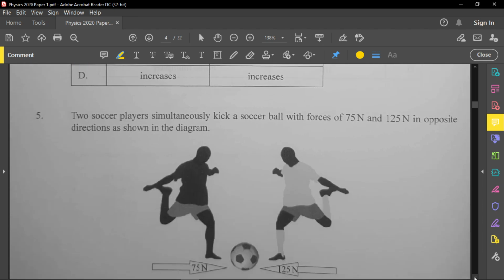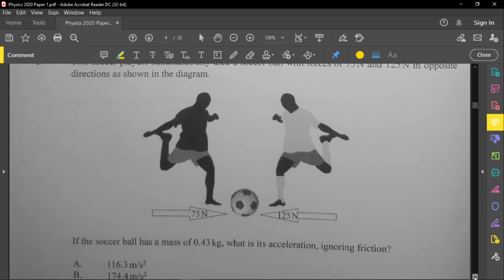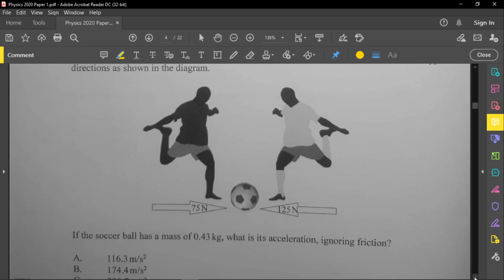Now question number 5. For question number 5, it says that 2 soccer players simultaneously kick a soccer ball with forces 75 newtons and 125 newtons in opposite directions as shown in the diagram. Observing the diagram, you notice that the forces are going in 2 different directions, as they mentioned, right? And so there will be an effective force on the ball.